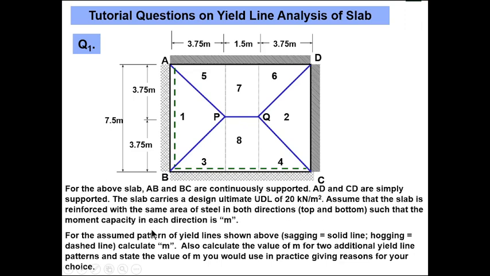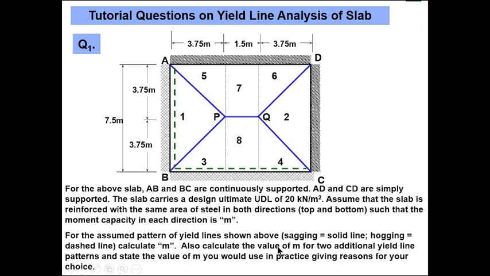Assume that the slab is reinforced with the same area of steel in both directions, top and bottom, such that the moment capacity in each direction is M. For the assumed pattern of yield line shown above, that is sagging equals solid line, hogging equals dashed line, calculate M. M there is the moment capacity of the slab.